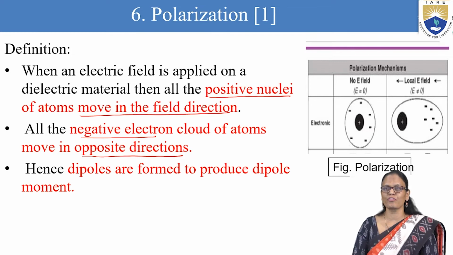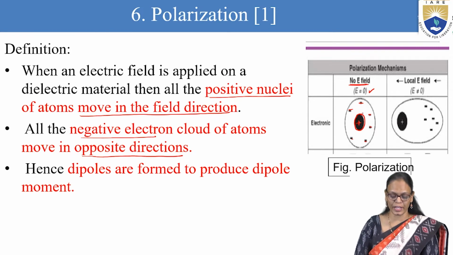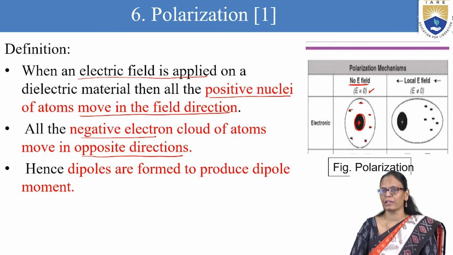When there is no applied field, E is equal to 0, the center of gravity of the positive charge may be coinciding with that of the negative charge. The distribution of the charges is like this. But when an electric field is applied, the positive charges shift towards the field, and the negative charge in the opposite direction.